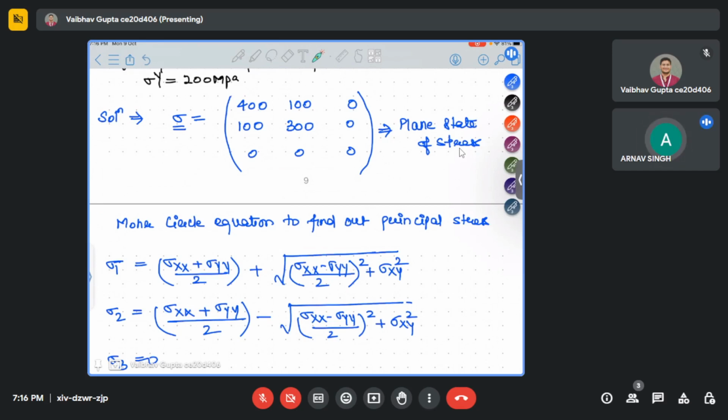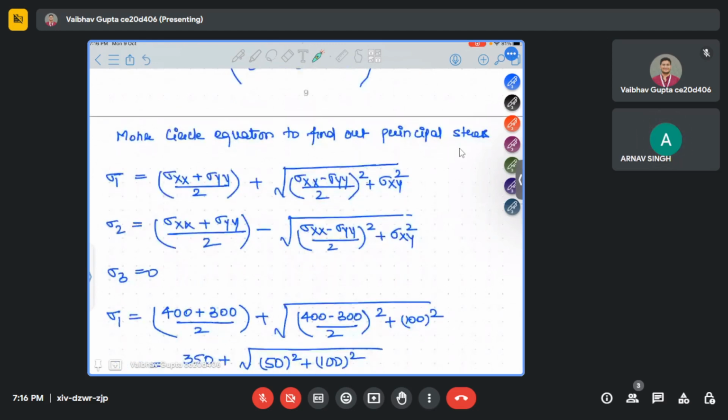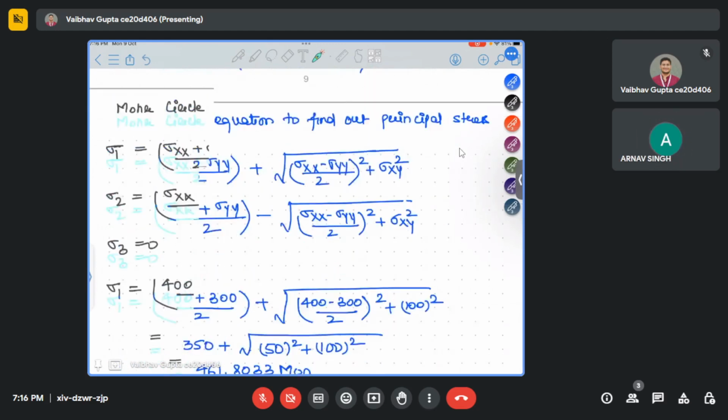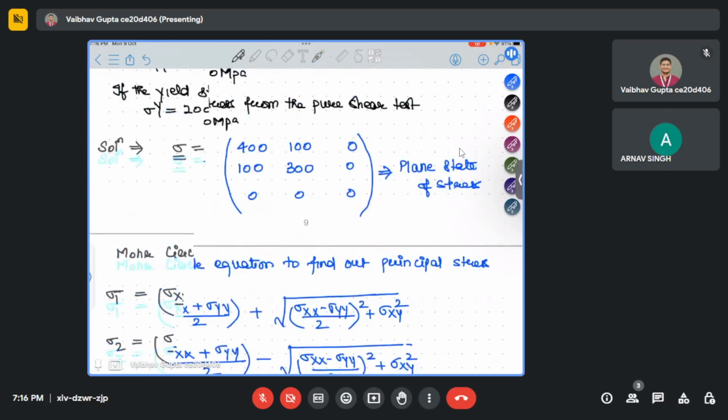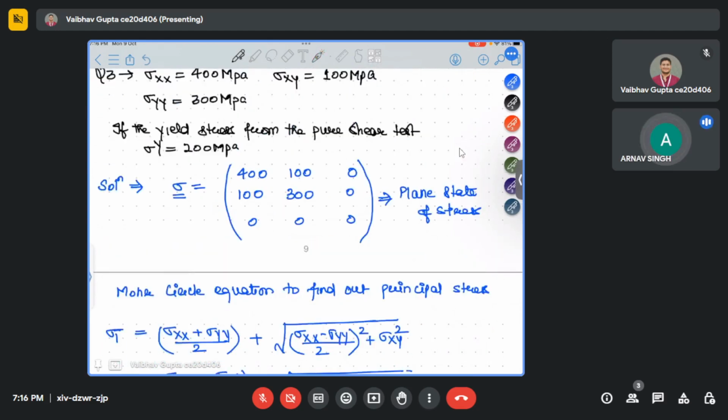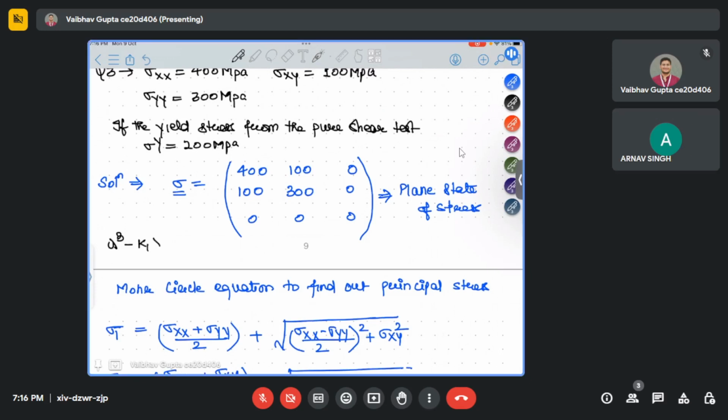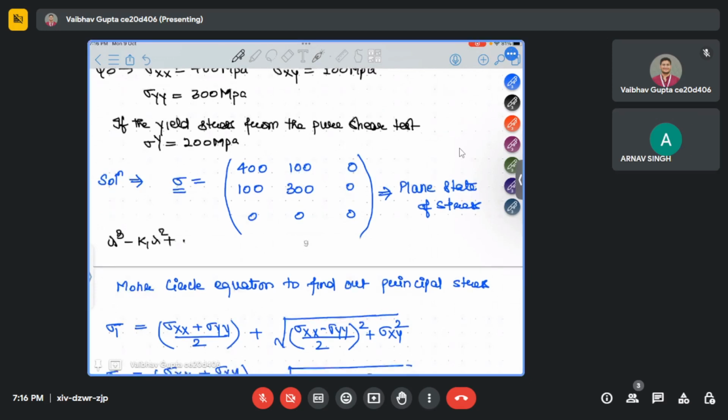The formula is lambda cube minus K1 lambda square plus K2 lambda minus K3 is equal to 0, where K1, K2, K3 are principal invariants.